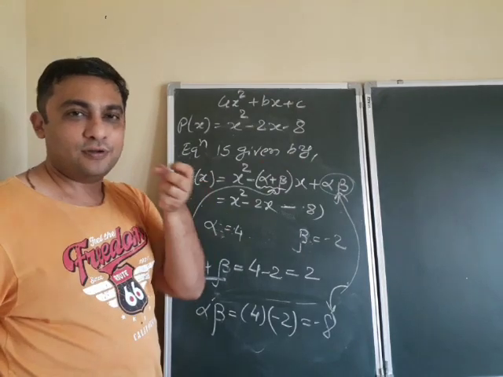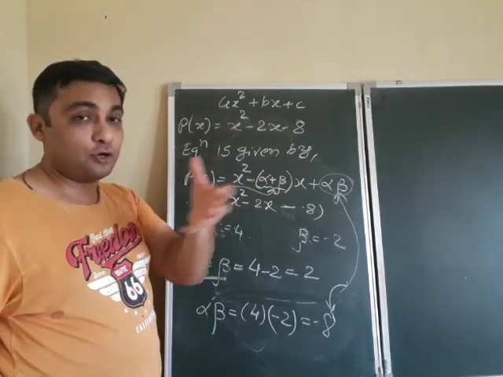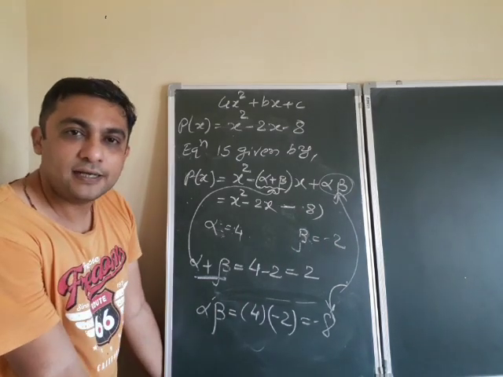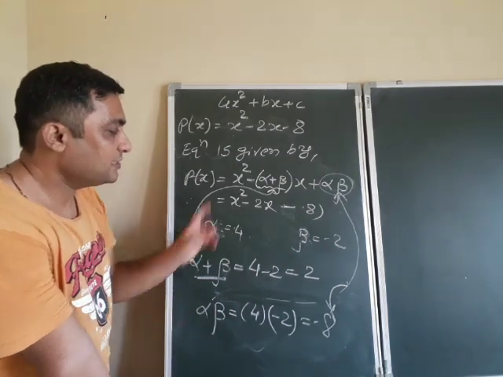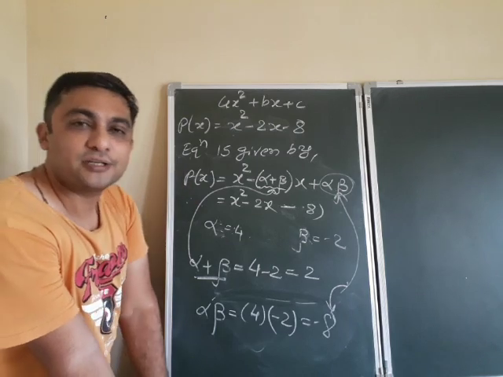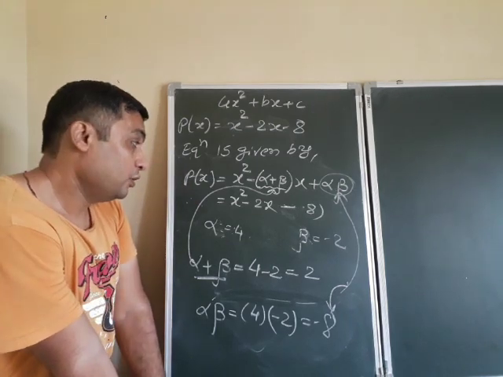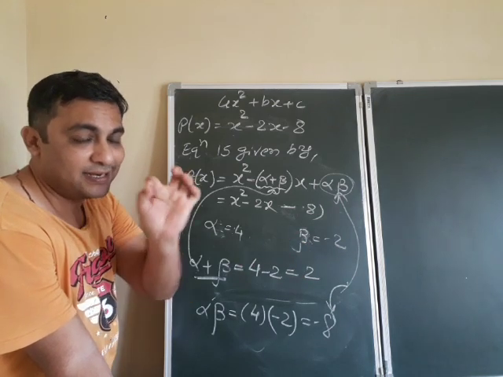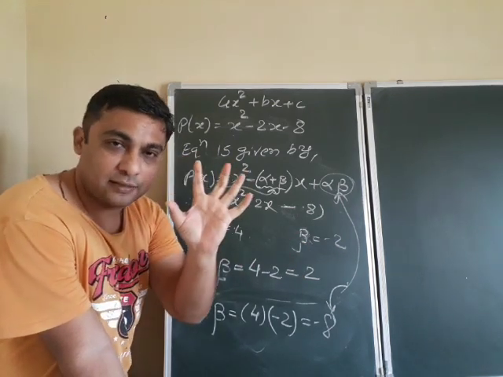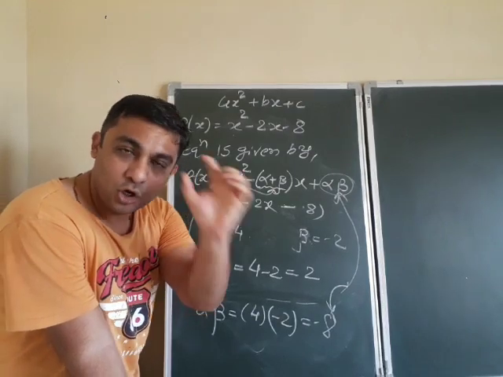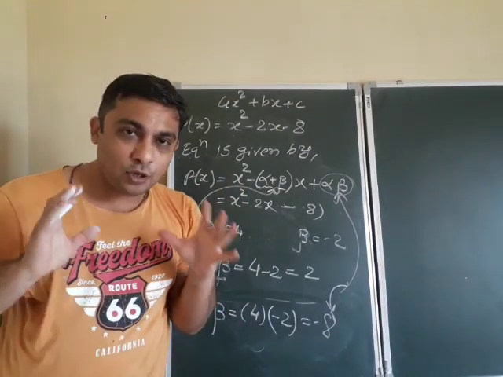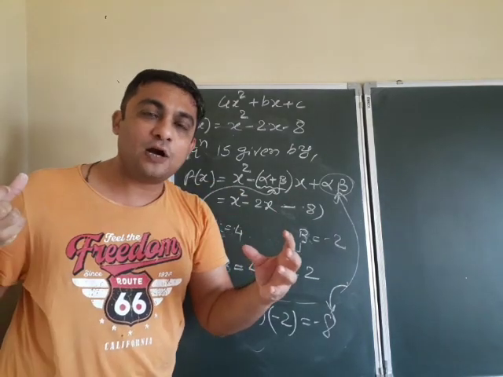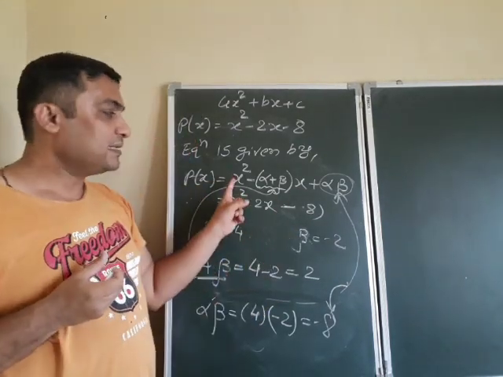See, you are getting your polynomial back if the roots of the polynomial are given. Is that clear? Followed or not? So this is the way that we can find it. Okay. So remember, if the roots of a polynomial are given, it is a special case for a quadratic polynomial. In the case of a quadratic polynomial, if the roots are given and you need to find the polynomial, then this is the formula.